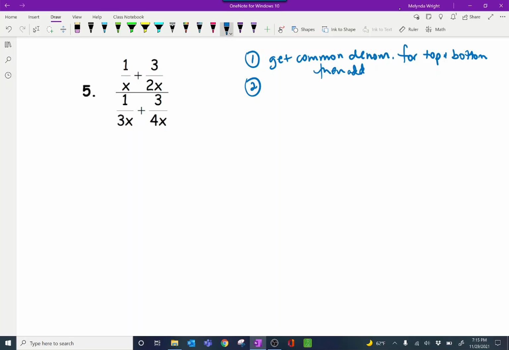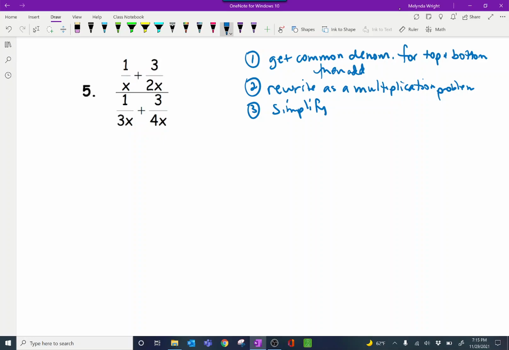All right, I rewrite it as a multiplication problem. Okay, then step 3, I simplify. Okay, I do that every single time I have a complex fraction.